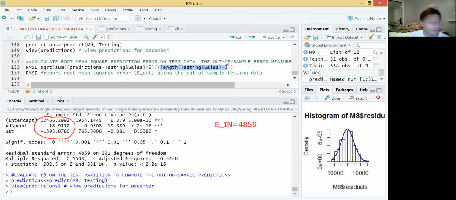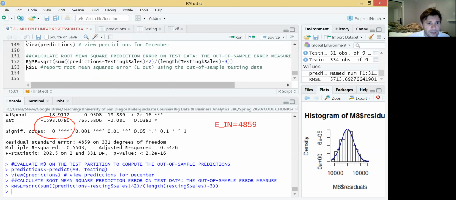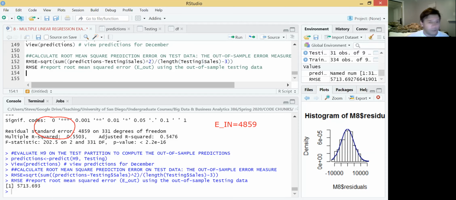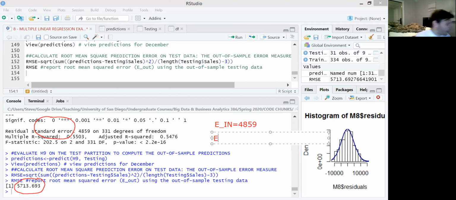Okay, -3, that degrees of freedom adjustment. And when we run line 152, it will compute the mean square error. And if we actually report it, you'll notice we're getting an E out value here that is, as we suspected, bigger than E in. So this is our estimated value of our prediction error in really an honest sense.